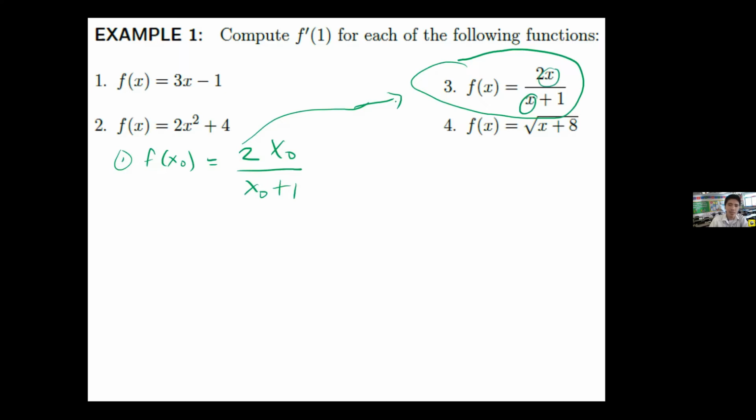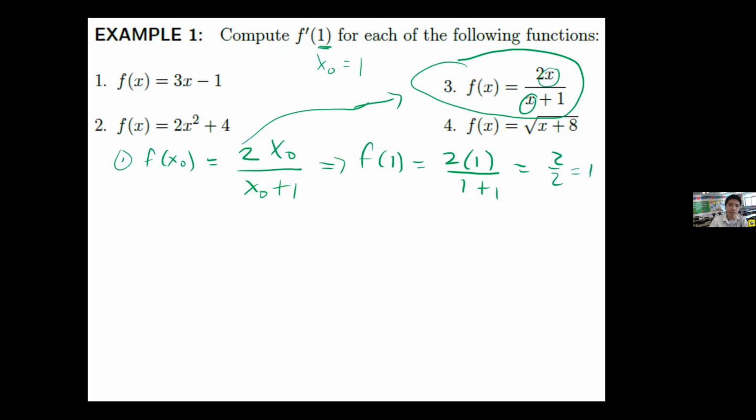Then this implies that f of 1, kay ang atong ginapangita is f prime of 1, so ang x sub 0 na to is 1. So solving for f of 1, substituting x sub 0 by 1, that's 2 times 1 over 1 plus 1. Then that will become 2 over 2 or 1. Okay, that's the first step.